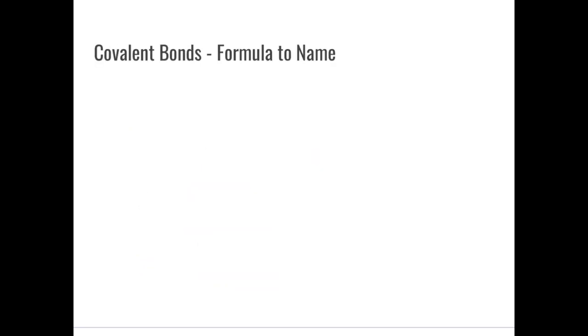All right, so when we go from the formula to the name, if you are given a covalent formula such as CCl3, then we look at the periodic table, and for example, C is carbon. Now, this really does have a little 1 there, but the next rule is: the first element doesn't get the mono.